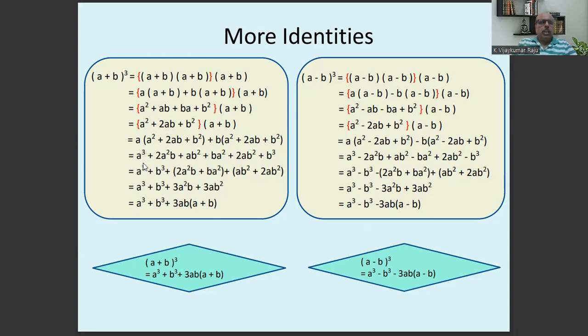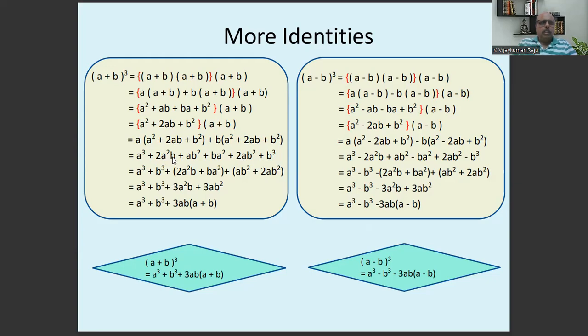So a into a² is a³, a into 2ab is 2a²b, a into b² is ab², plus b into a² is ba², b into 2ab is 2ab², b into b² is b³. So let's write the cube powers first: a³ + b³.